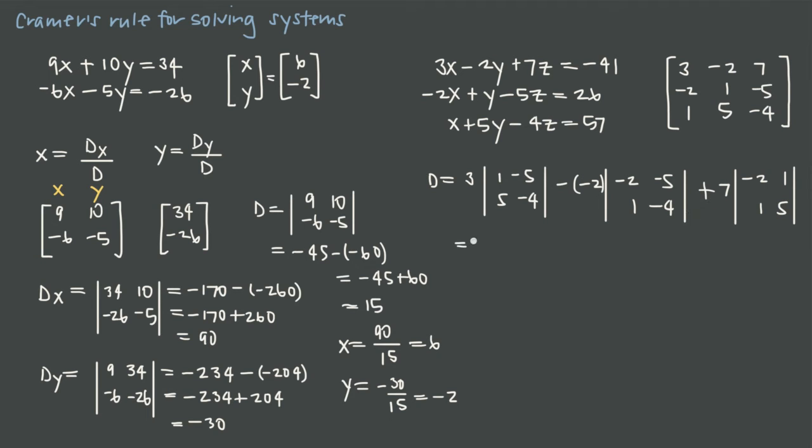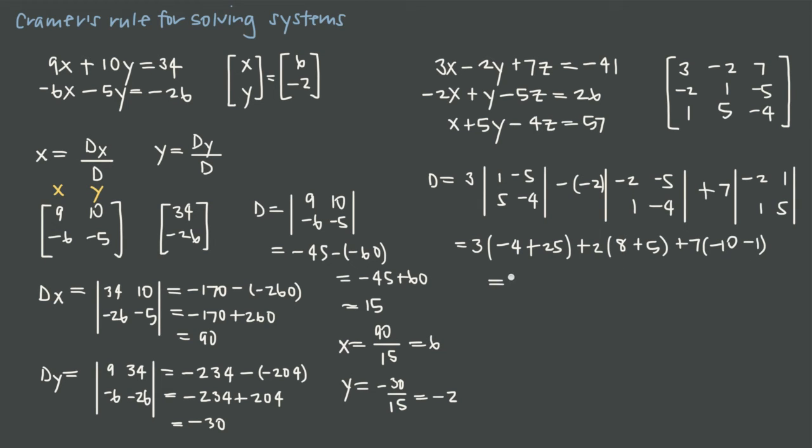So here we'll get 3 times a -4, 1 times -4, minus a -25 or plus 25, minus a -2 is a +2, and then we'll get -2 times a -4 is a +8, -5 times 1 is a -5, so minus -5 is +5, and then we'll get +7 times a -10 minus 1.